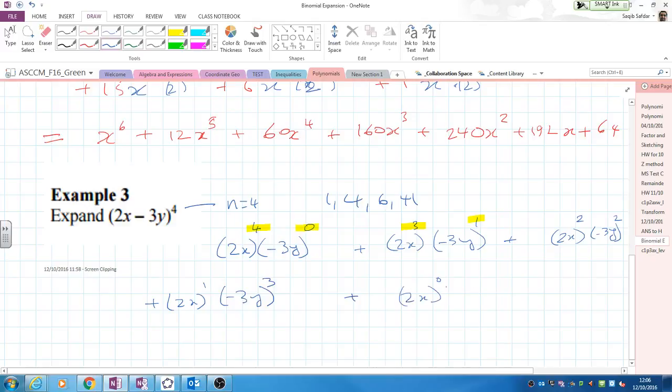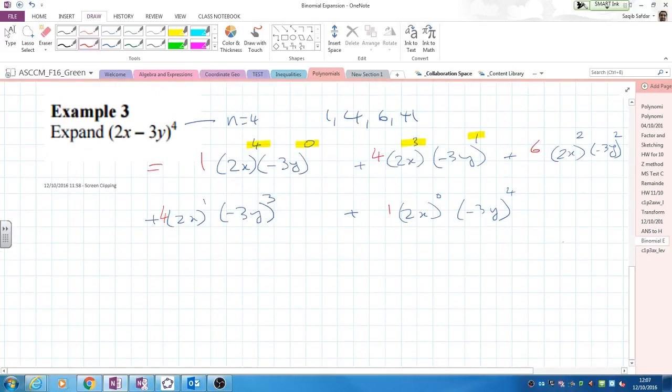I'm putting that naught in deliberately, just to emphasize that it's always there, and 1 goes up, 1 goes down, and you start from 0 and go all the way up to 4. Okay, now we can also add our coefficients, so this equals 1, 4, 6, 4, and then the 1.